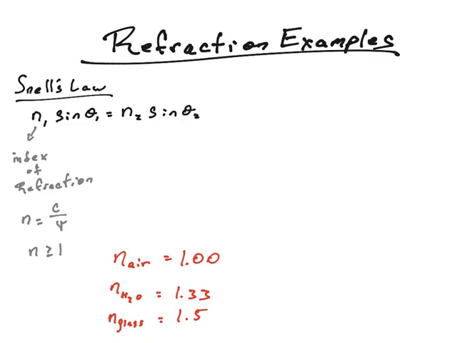The other thing, theta, in this equation, that is the angle that, let's say, the light is traveling, and that's with respect to the normal.